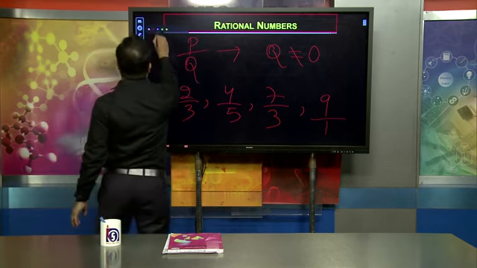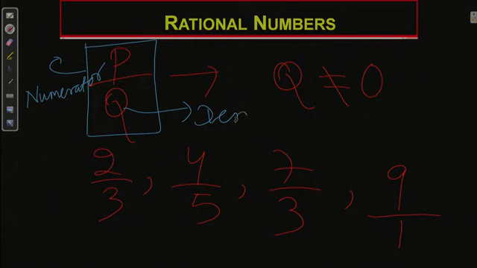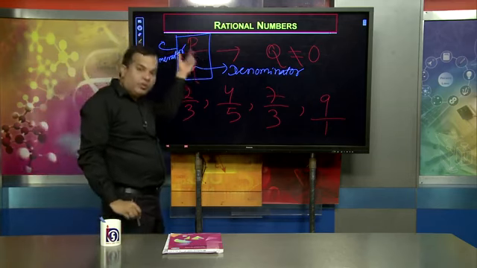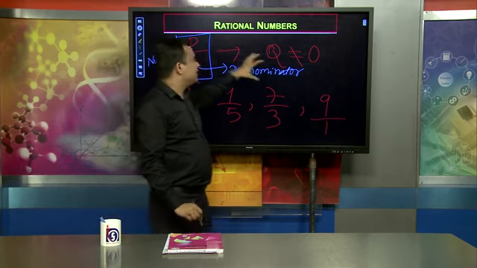I would like to tell you a very important thing. P is called the numerator, and Q is known as the denominator. This is the nomenclature. What stays on top is known as the numerator, and what stays below, that is Q, is known as the denominator.